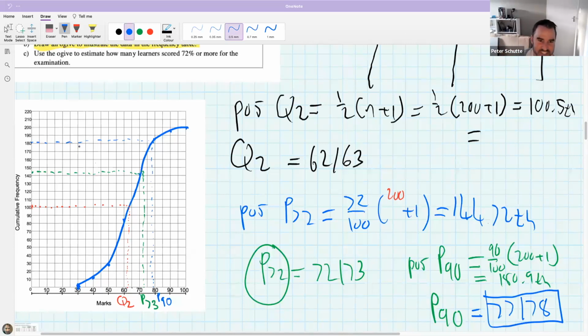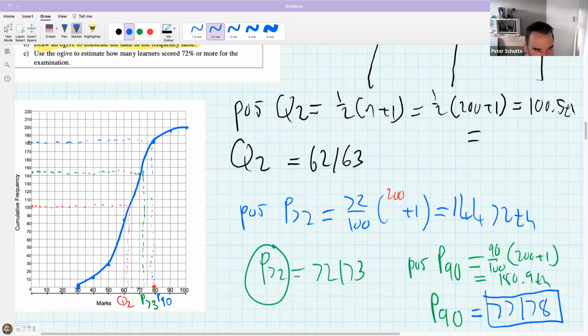I'll give you a hint, right? So remember, getting 78%, so the 90th percentile, which is this one over here, about 180 or 181 students got 78% or below.